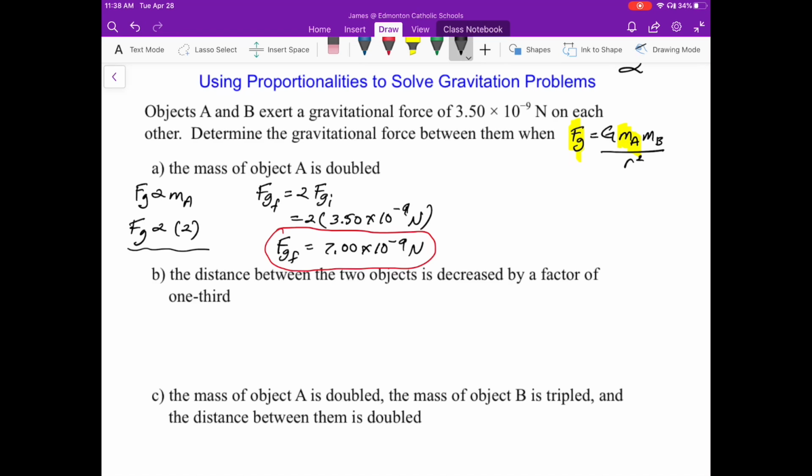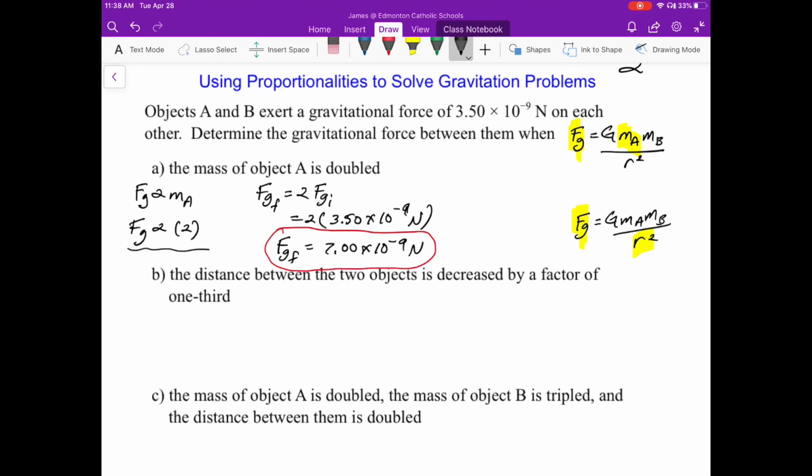a couple more. The distance between the two objects is decreased by a factor of 1/3. So once again, there's our relationship between the masses and the distances and stuff like that. But now what we're doing, we want to find out the effect changing r has on the amount of gravitational force.